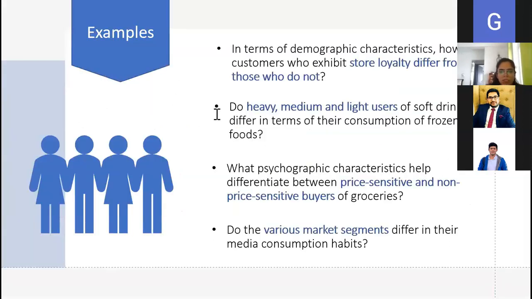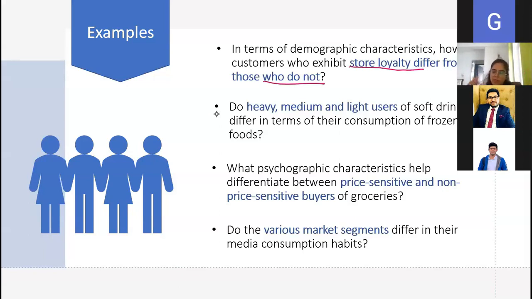So let's see some more examples. In terms of demographic characteristics, how do customers who exhibit store loyalty differ from those who do not? So whether a person is store loyal or not. Heavy, medium, and light users of soft drinks. What psychographic characteristics help differentiate between ये price sensitive buyers हैं, ये non price sensitive buyers हैं?